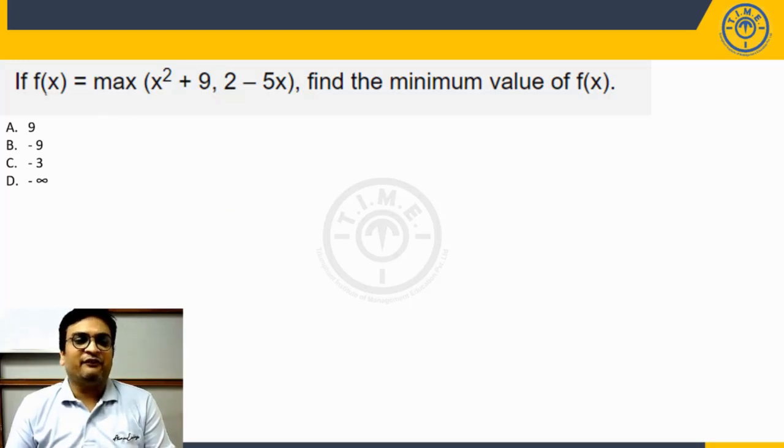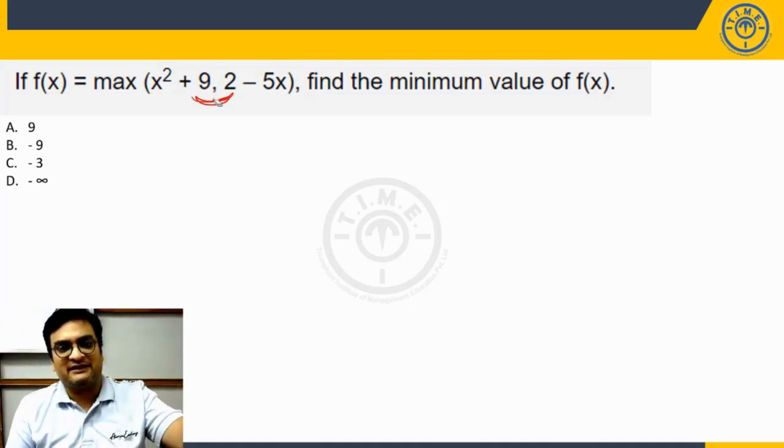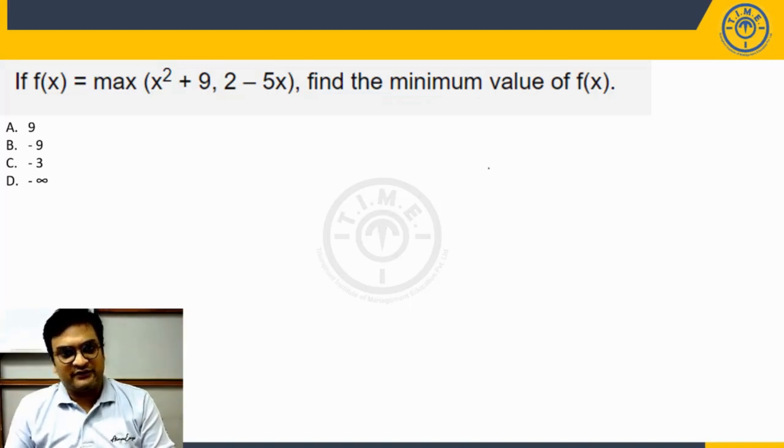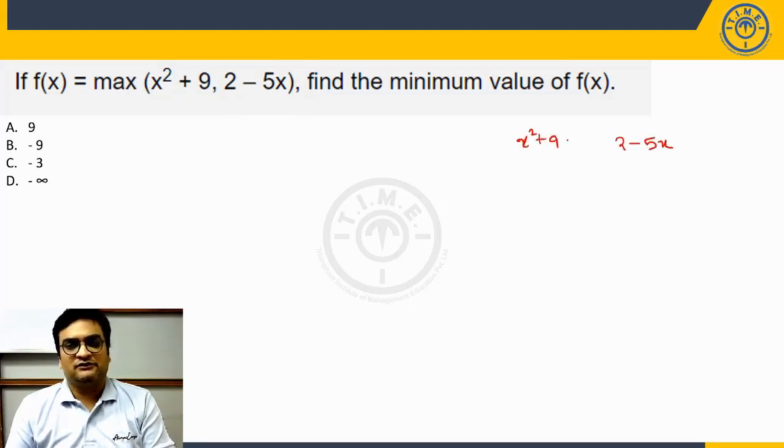So the question is, if f of x is defined as maximum of x square plus 9, comma 2 minus 5x. So whichever is maximum of this, f of x is going to be that particular expression. Find the minimum value of f of x then. By the way, if you look at x square plus 9 and compare it with 2 minus 5x, when is this greater than this?